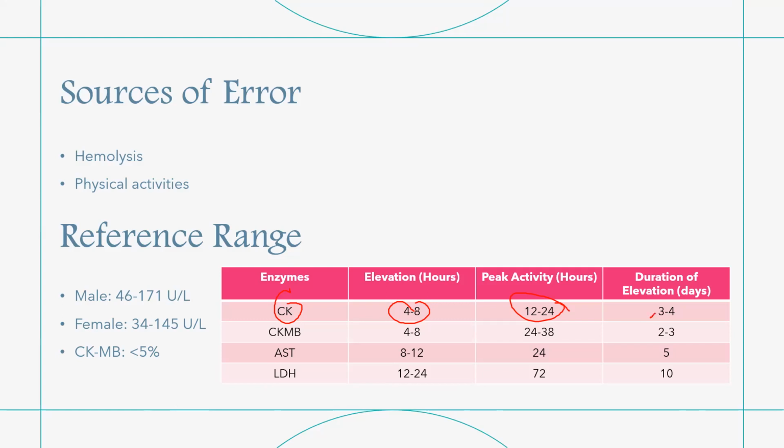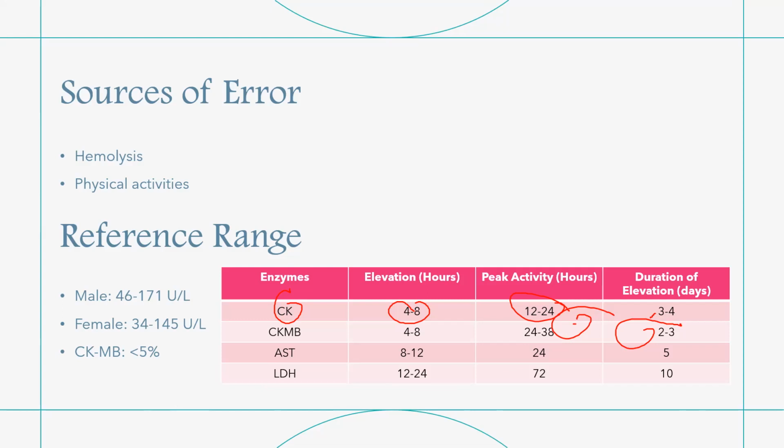CK-MB, which is an isoenzyme specific for heart activity, elevates, with peak activity between 24 to 38 hours, and the duration is 2 to 3 days.